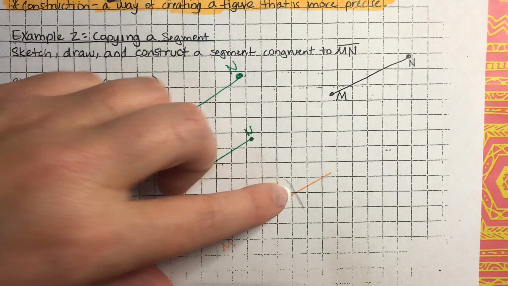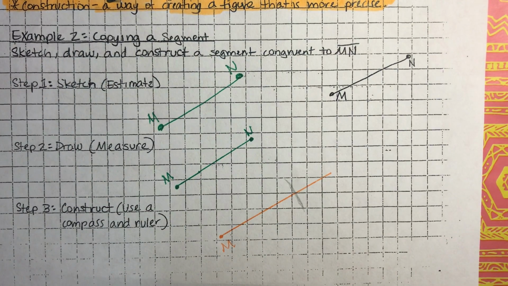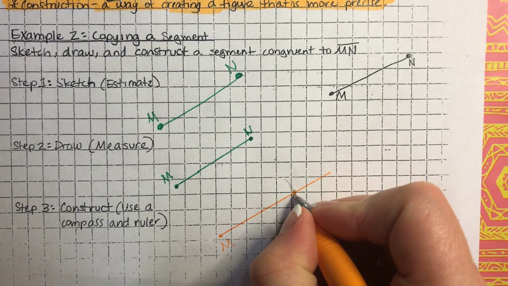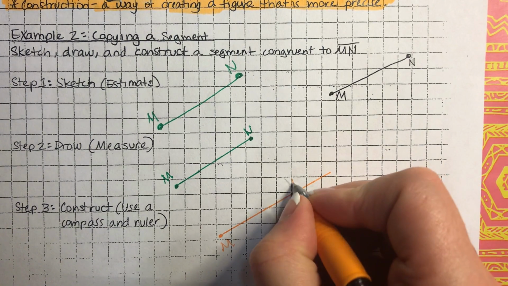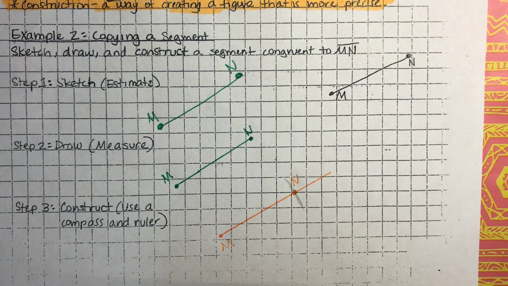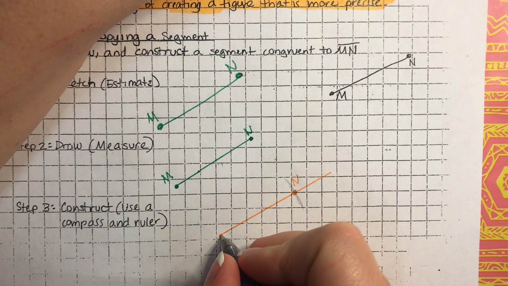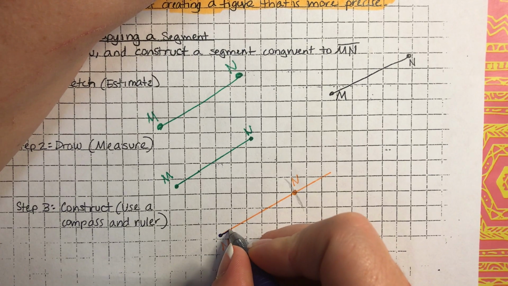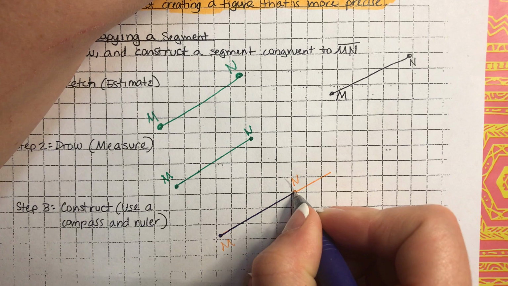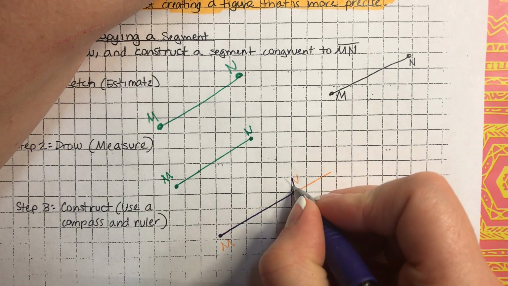Yeah, it marks the exact distance. And that's where it marks, and that's going to be my N. Then I'm just going to go over it with a darker color. I think I'm going to try this blue. I did it in a light color on purpose. So then I just go over it, and there you go.